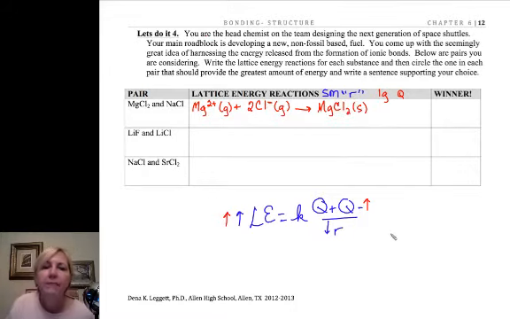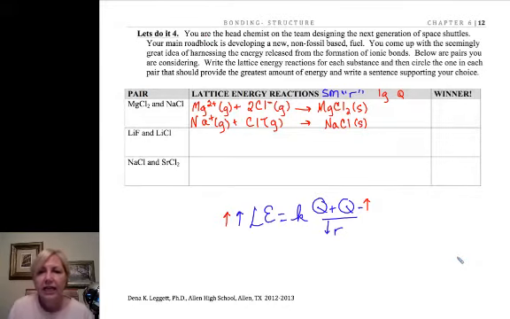You need to know the equation for lattice energy and include the states. And then we have sodium ion, again gaseous, plus chloride ion, gaseous, makes NaCl solid.